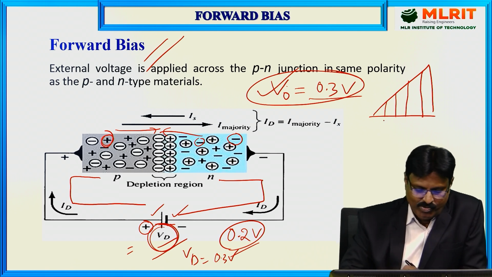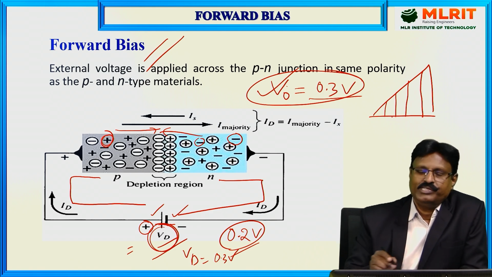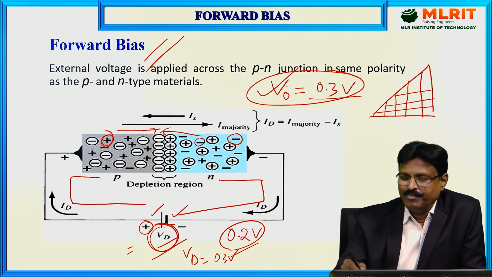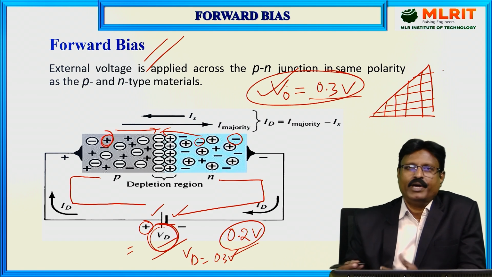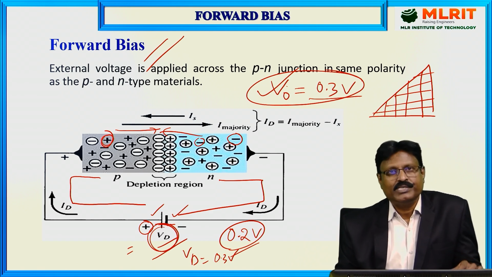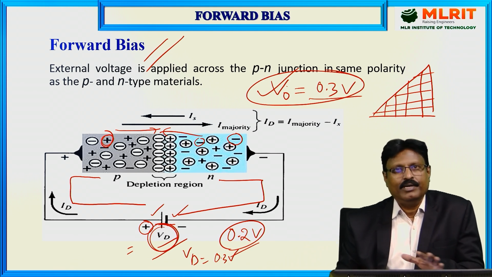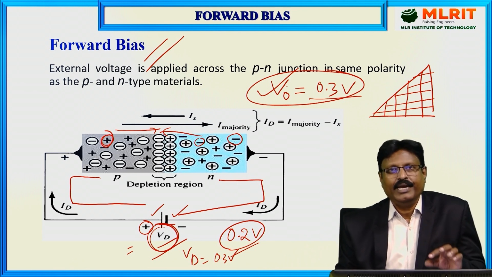If we go on increasing Vd, at one instant of applied voltage this barrier potential will be diminished. No barrier potential will be there, and all the holes from the p side to the n side and all the electrons from the n side to the p side will cross the junction, thereby creating a larger current.